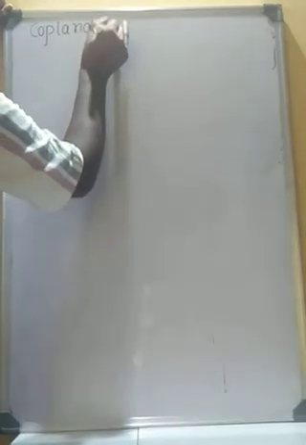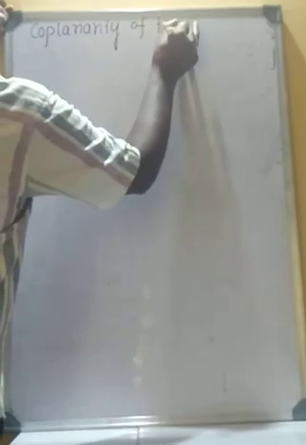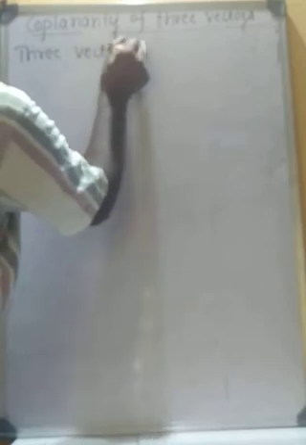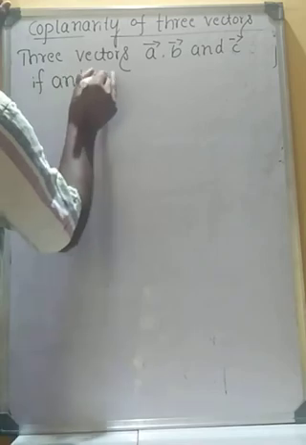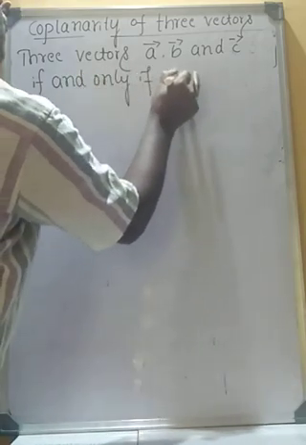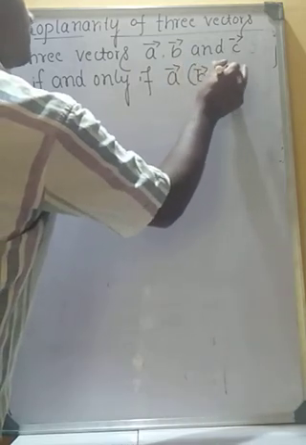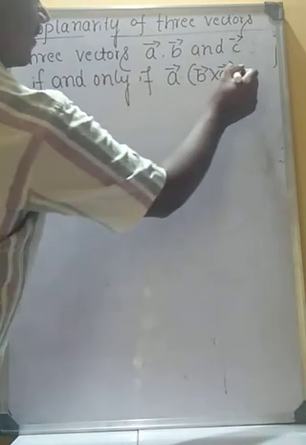Next, coplanarity of three vectors. Three vectors, vector A, vector B and vector C are coplanar if and only if vector A dot vector B cross vector C is equal to 0.